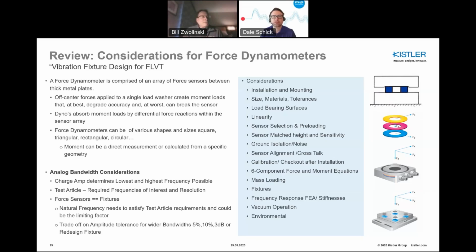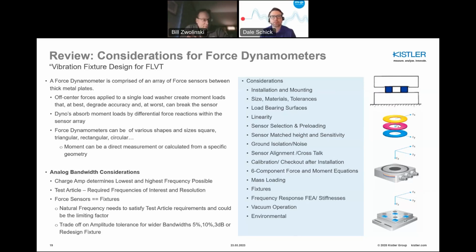The dynamometer itself will absorb moment loads by differential force reactions within the sensor array, and whether it's 4 sensors, 16, or even more in some installations, it's all based upon the same concept. It's always important to remember the analog bandwidth considerations of your test. The analysts will know what frequencies are of interest and what the test regime needs to be, and that's flowed down to the test folks.